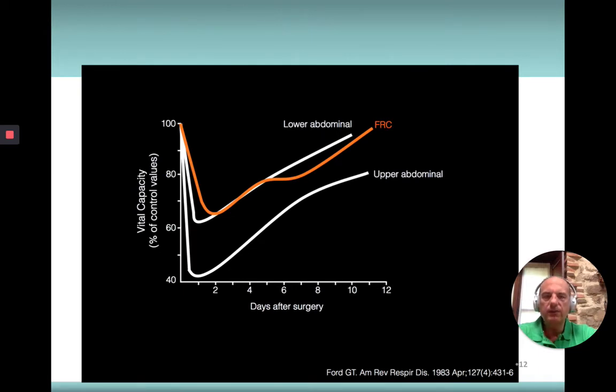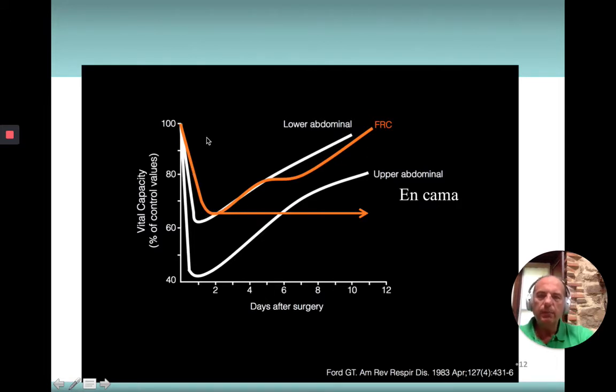All of these concepts are totally measured. It's perfectly well known, but you have to go through physiology. I love this paper, which I highly recommend all of you master. It's a very nice study that measured the functional residual capacity after surgery. And as you can see here, depending on whether the incision is in the lower abdominal area or in the upper abdominal area, you see the repercussion on functional residual capacity.